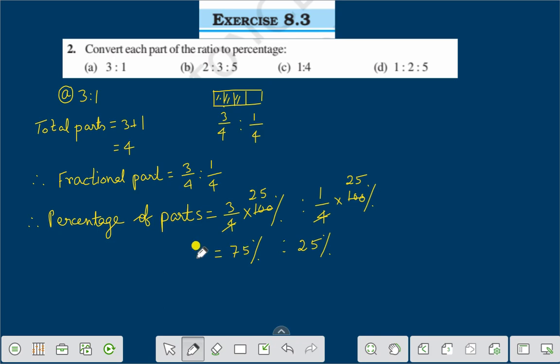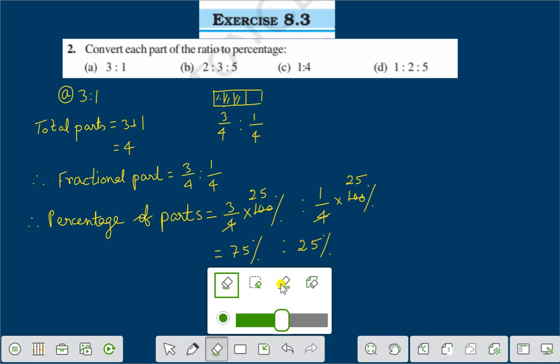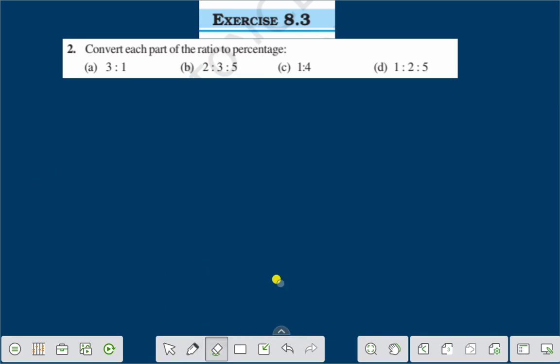Now question number B. The ratio is 2 is to 3 is to 5.